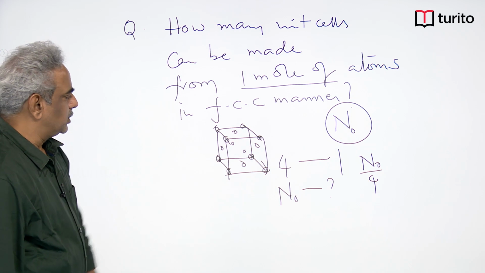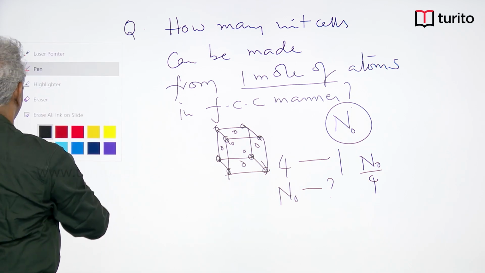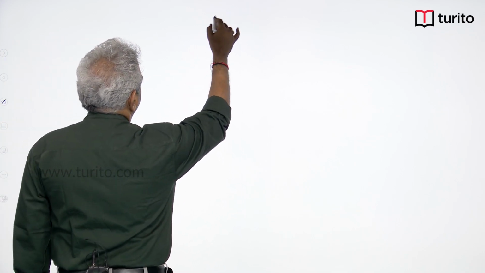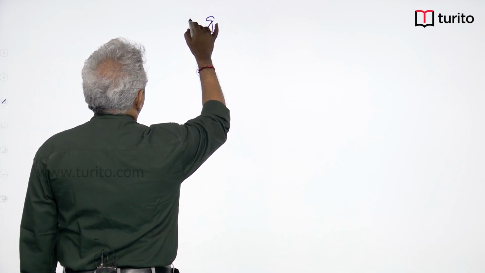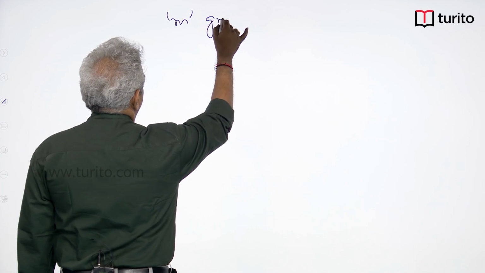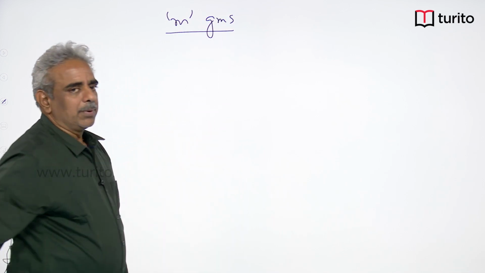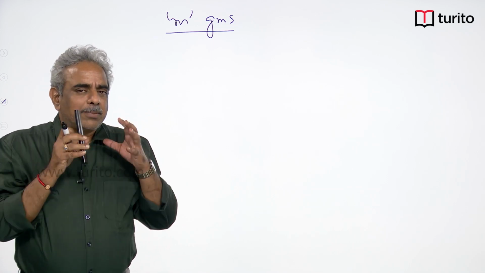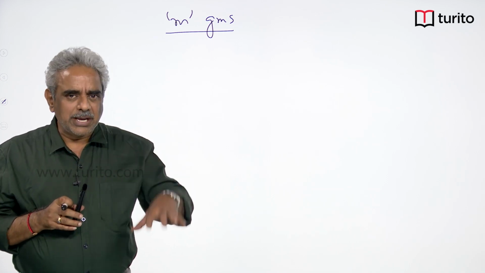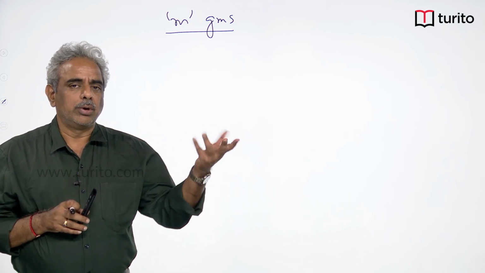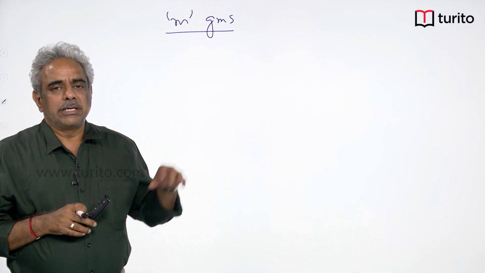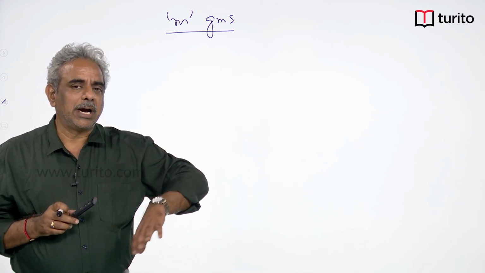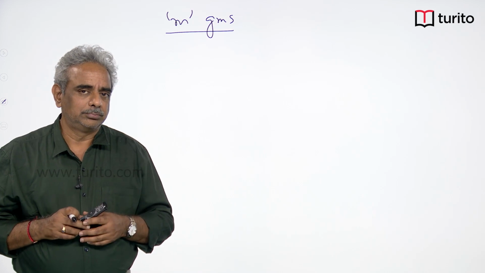Very simple calculation. Now, suppose there is a metal, m grams of a metal is there. That metal is crystallized in 2 different experiments. It is crystallized in BCC unit cells and FCC unit cells also.